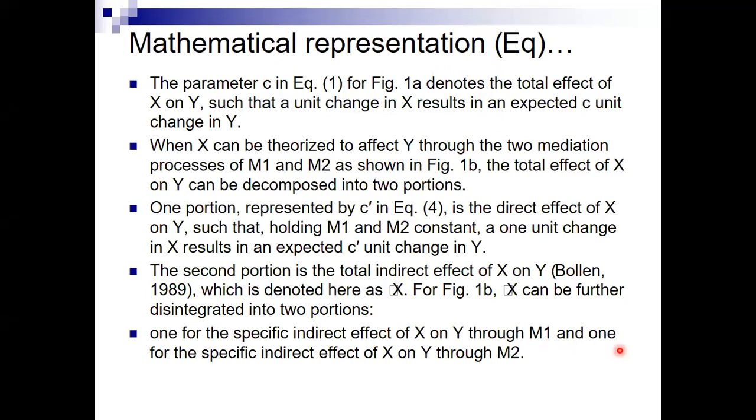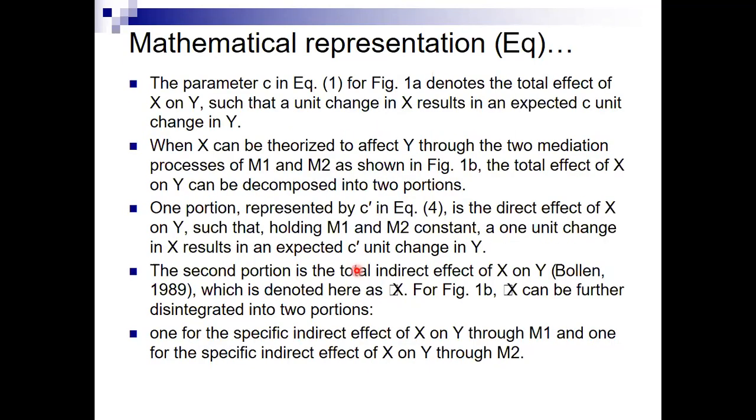Now, the parameter C in equation 1, I'm referring to the previous slide. In equation 1 for figure 1A, C denotes the total effect of X on Y, such that a unit change in X results in an expected C unit change in Y. When X can be theorized to affect Y through the two mediation processes of M1 and M2, as shown in figure 1B, the total effect of X on Y can be decomposed into two portions, okay?